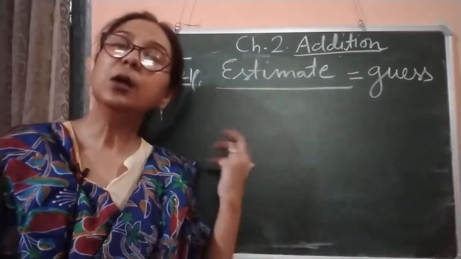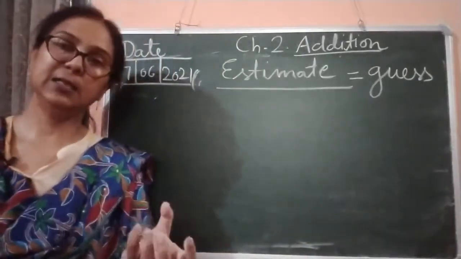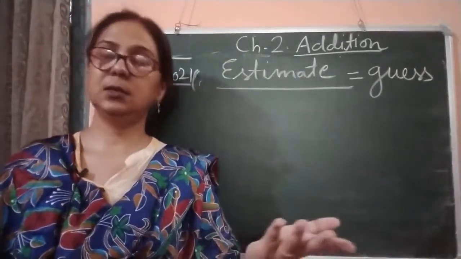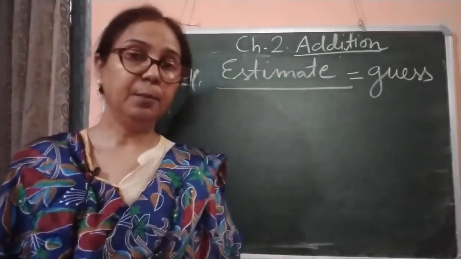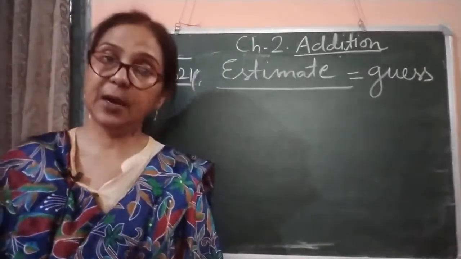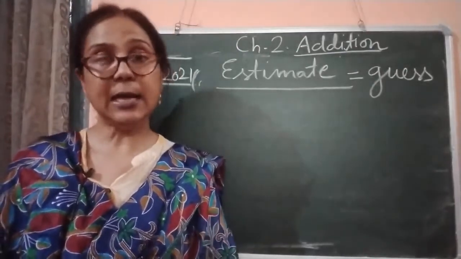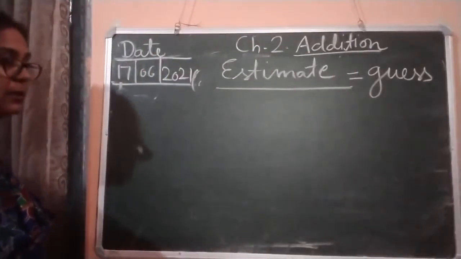It is near to 430. So in round figure, if we tell something that this is around this number, that is called estimating. We are guessing.